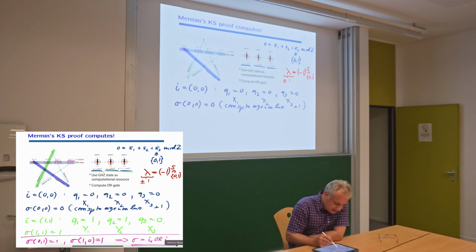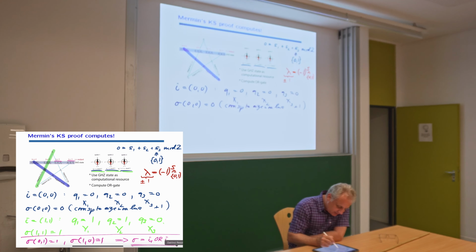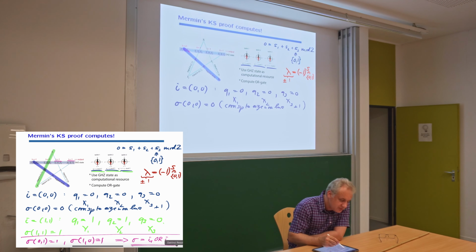So here we measured eigenvalues ±1. I don't know which one. Here the same. But since the product of these 3 observables is that observable, and that observable has a definite eigenvalue, namely +1, the product of these eigenvalues will multiply to that value.